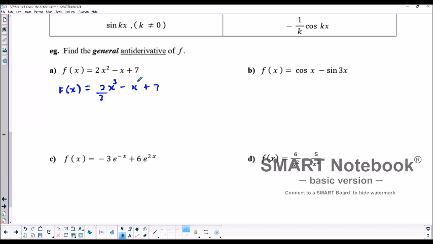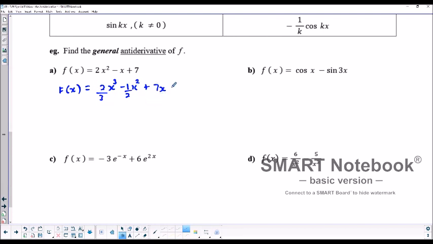When this is x, the new exponent is 2, and then we have to multiply by the reciprocal of the new exponent. And then this is x to the power 0, technically. So then this would be 7x to the power 1. Of course, we could multiply by the reciprocal of that, but that's just 1 anyways.